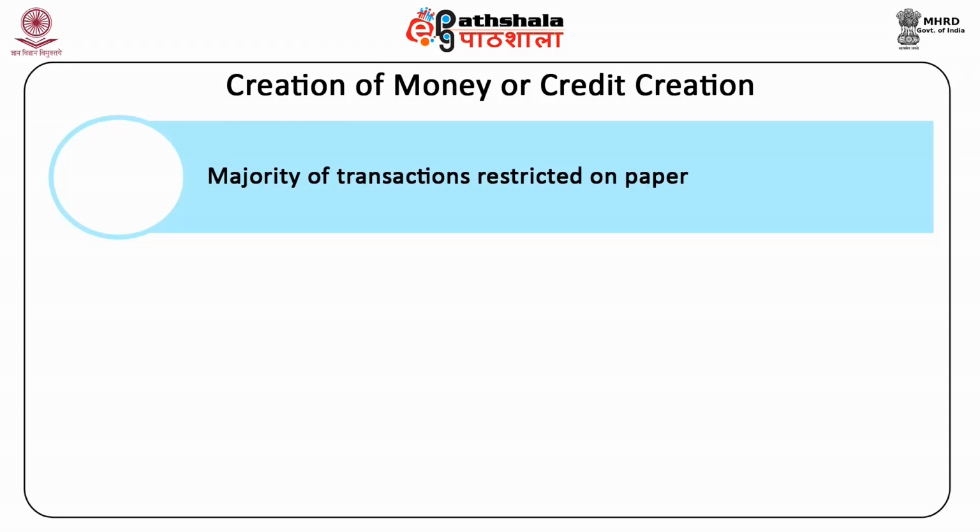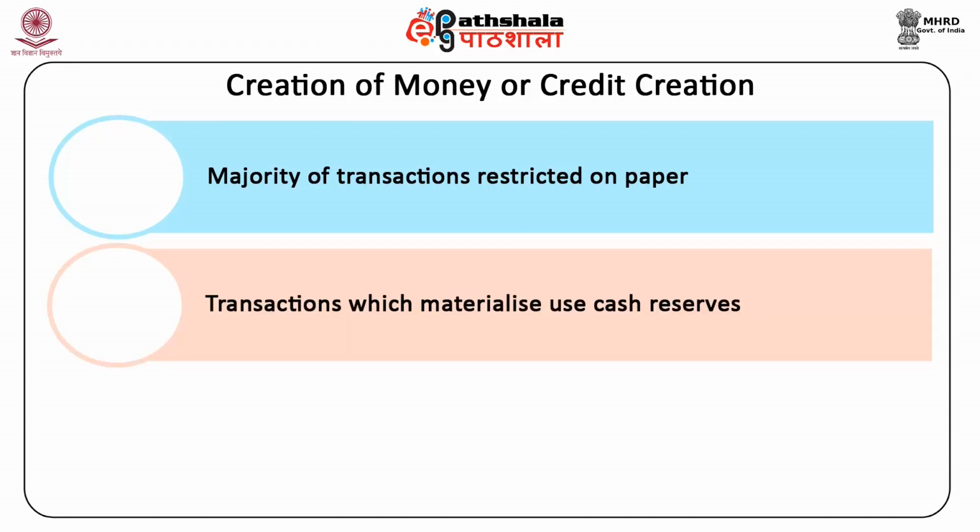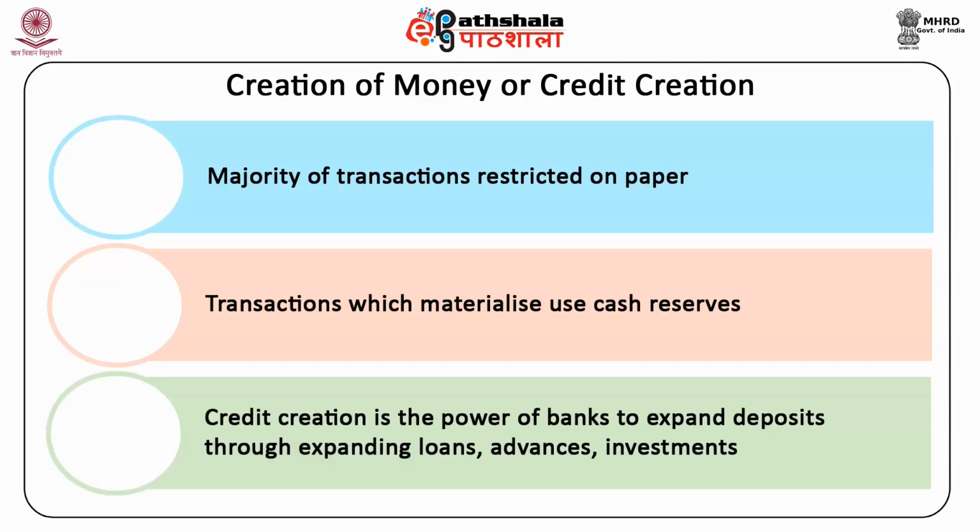A small amount of transactions which actually materialize can use the cash reserves. Thus, credit creation is the power of banks to expand deposits through the process of expanding loans, advances, and investments.